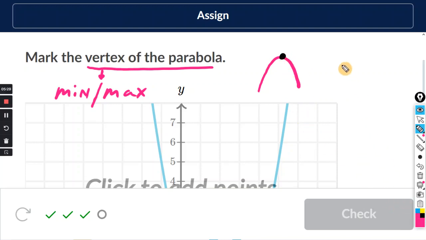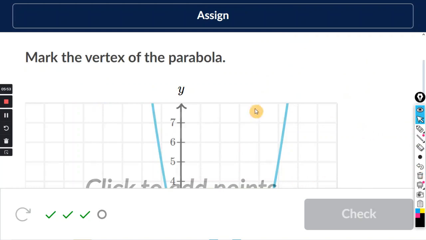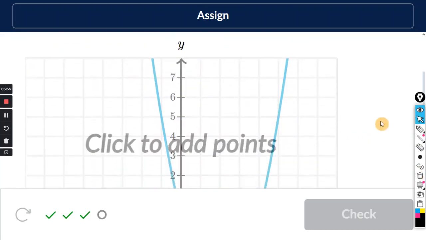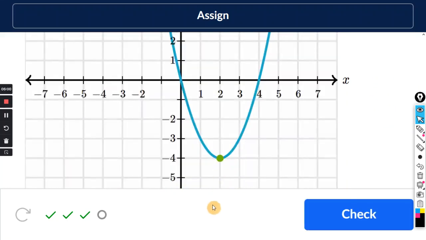And if you had a parabola like this, the vertex would be the minimum. Either of those would be considered a vertex. On the graph, they just want us to mark it. If we look at the parabola, where the minimum is, that is right there. All you have to do is click on it.